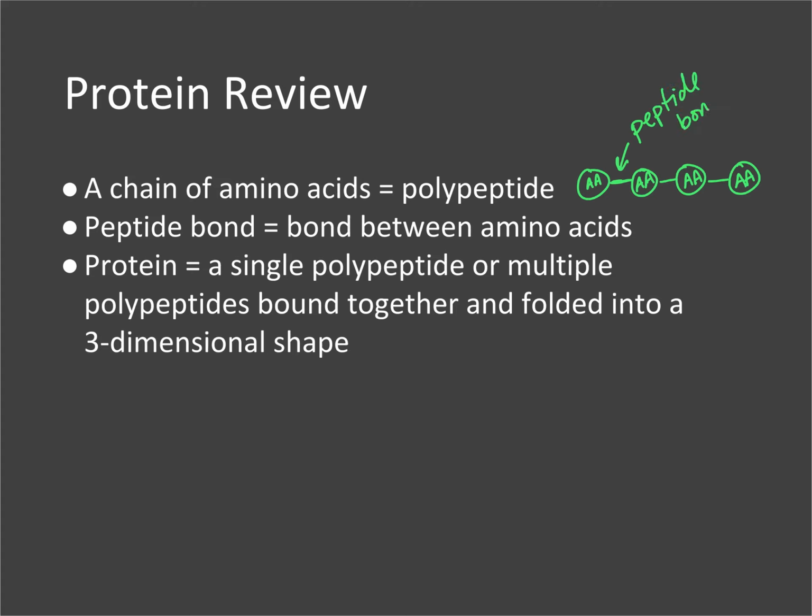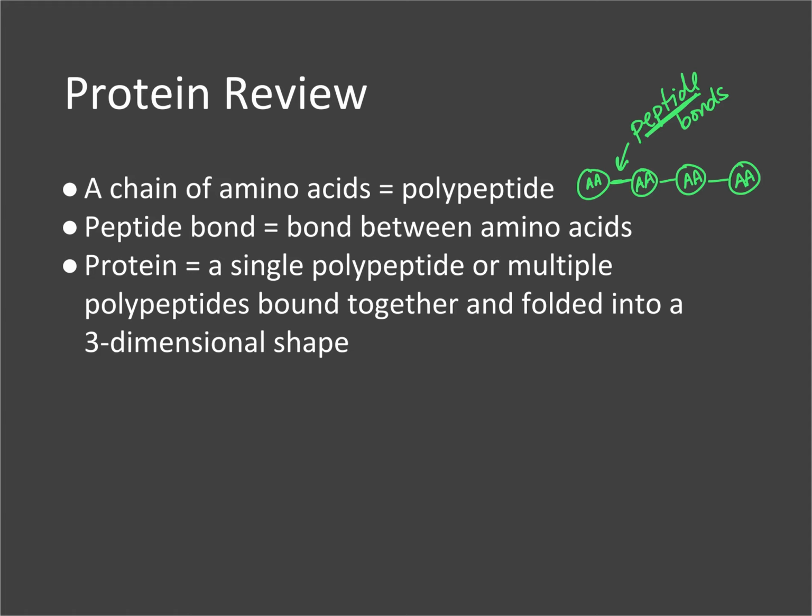Whenever you're talking about polypeptides and proteins, you're going to see this word peptide show up a lot. So if you see the word peptide, there's a good chance that it has something to do with amino acids and/or proteins. Now, a protein itself is typically where this chain of amino acids actually takes on a three-dimensional shape, meaning that it is going to start folding around itself.